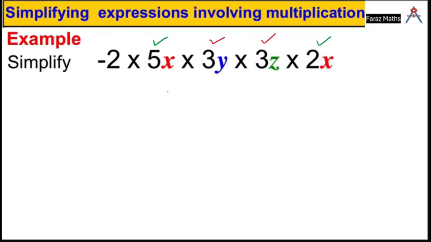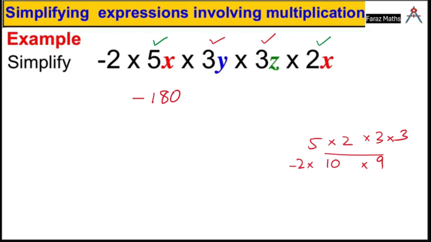And 90 times minus 2 is minus 180. How did we do it? 5 times 2 and then 3 times 3, so 10 times 9, and there is minus 2 also. If you multiply it by minus 2, 10 times 9 is 90, and 90 times minus 2 gives you minus 180.